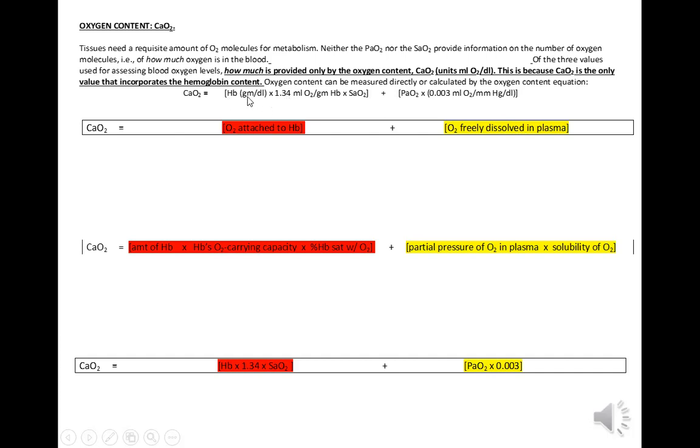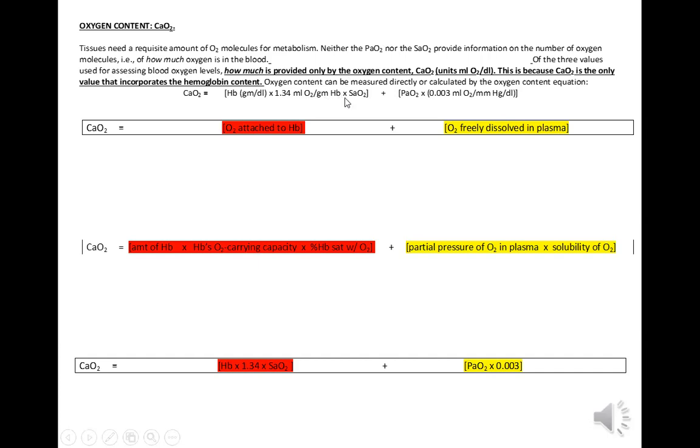So hemoglobin is gonna be that number, hopefully between 11 and 17, right? Hopefully 15 is good. And hemoglobin is in grams per deciliter. Then you're gonna multiply how much oxygen in milliliters that 1 gram of hemoglobin can carry. So you have to memorize this 1.34 as hemoglobin's oxygen carrying capacity.